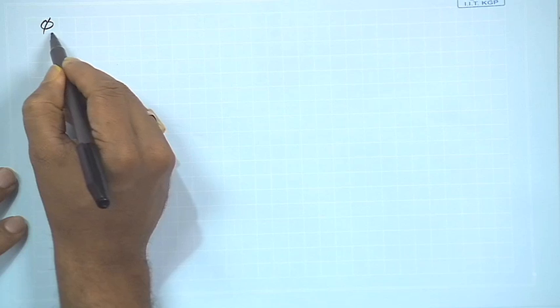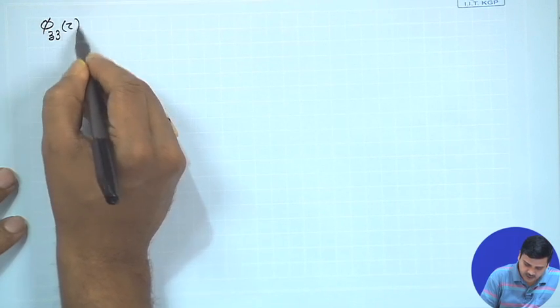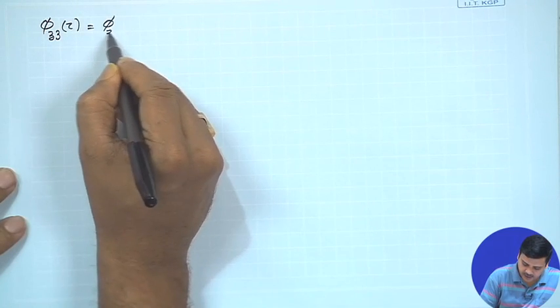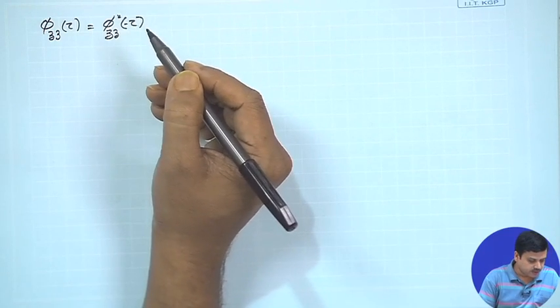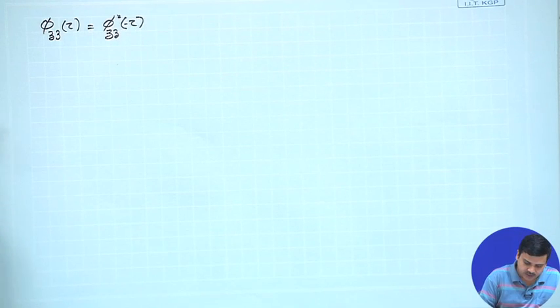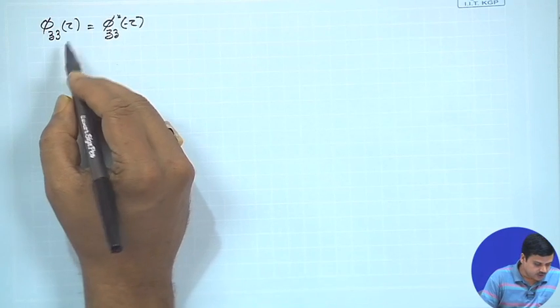Now using this we will look at a few more properties of this noise process. One of the important properties that we can try and see is that phi_z of tau is equal to phi_z conjugate of minus tau. This will help us in arriving at some of the important things.